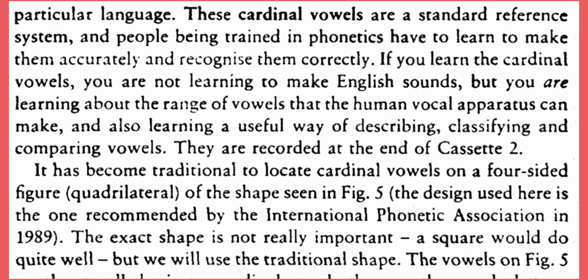If you learn the cardinal vowels, you are not learning to make English sounds, but you are learning about the range of vowels that the human vocal apparatus can make, and also learning a useful way of describing, classifying, and comparing vowels. They are recorded at the end of cassette 2.